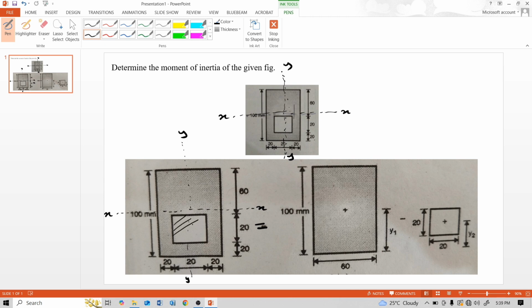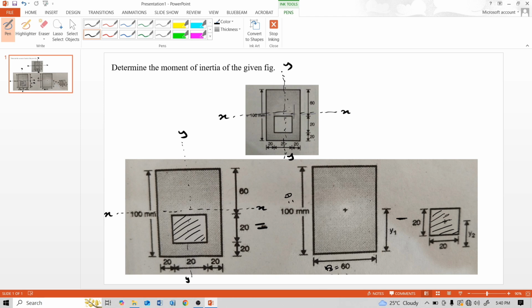The hatched portion is the hollow part. First consider the full rectangle with depth D 100 mm and breadth B 60 mm, and from this rectangle's moment of inertia, subtract the hollow part's moment of inertia. This is the solving methodology of this numerical.